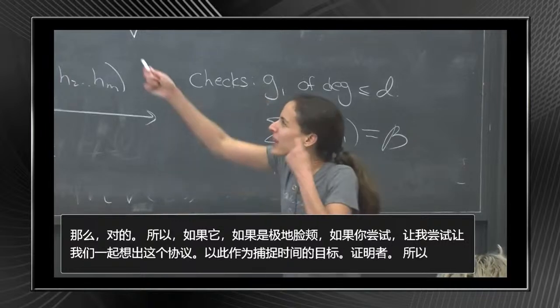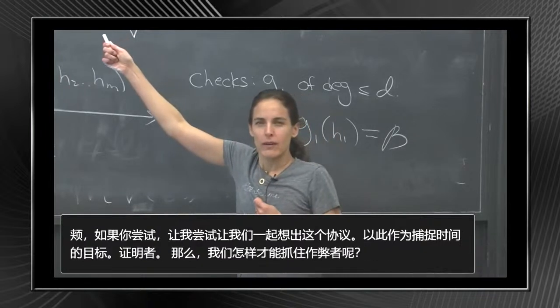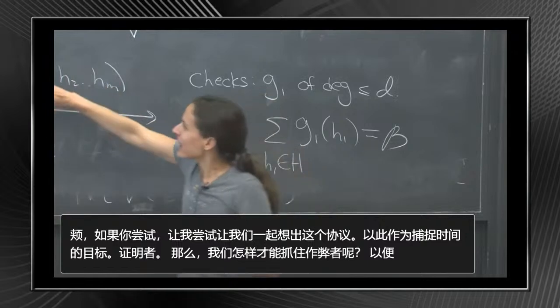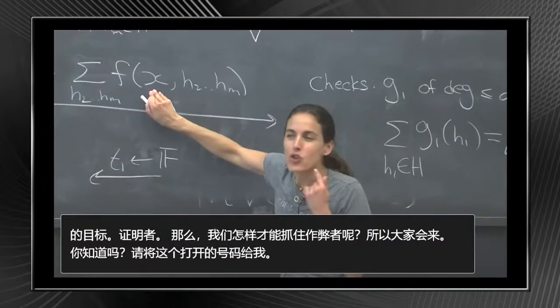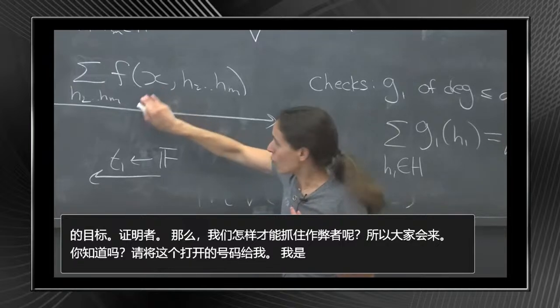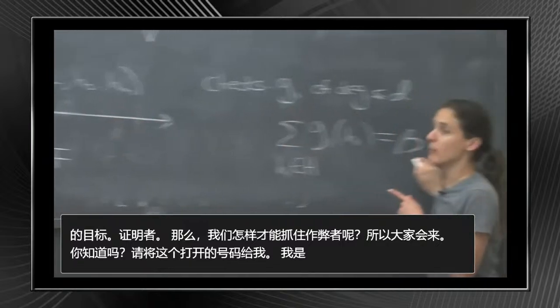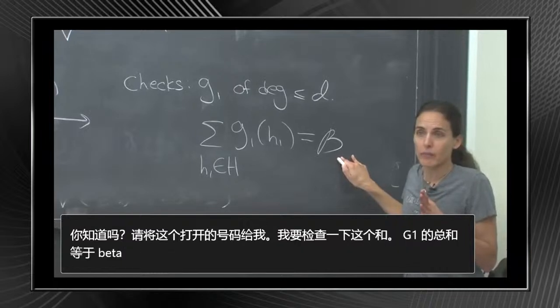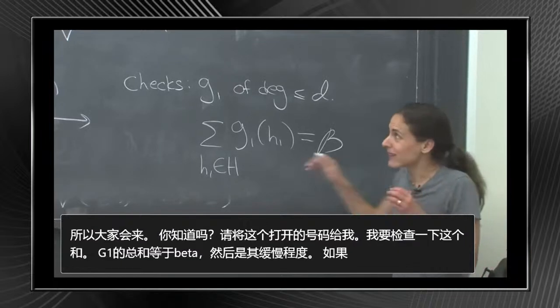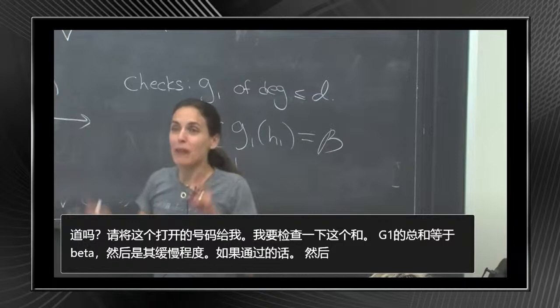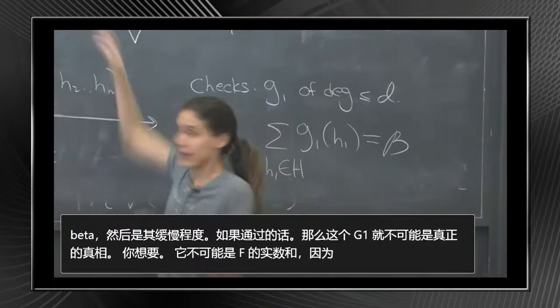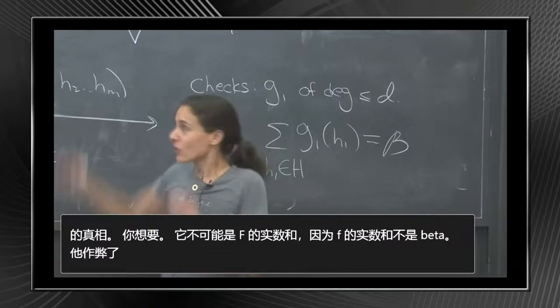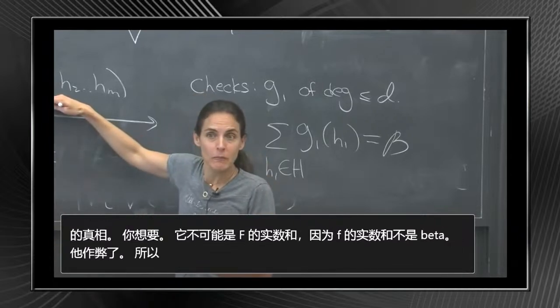So the idea is we'll tell him, give me this sum, but with this variable open. I'm going to check that the sum of G1 is equal to beta, and that it's low degree. If it passes, then this G1 cannot be the true G1. It can't actually be the real sum of f, because the real sum of f is not beta. He's cheating. So this must be a cheat.